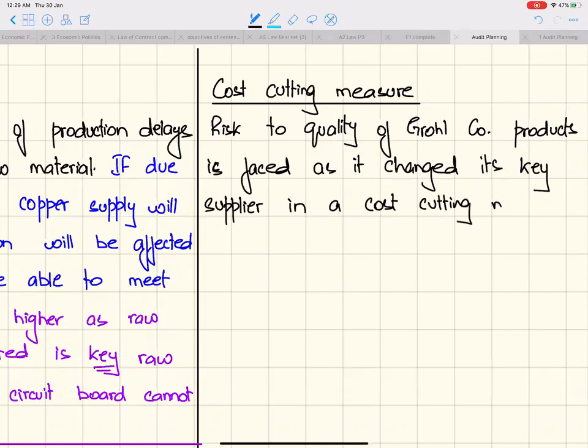So in the first sentence, I have identified the risk: that risk to quality of Grahak company products is faced as it changed its key supplier in a cost-cutting measure.